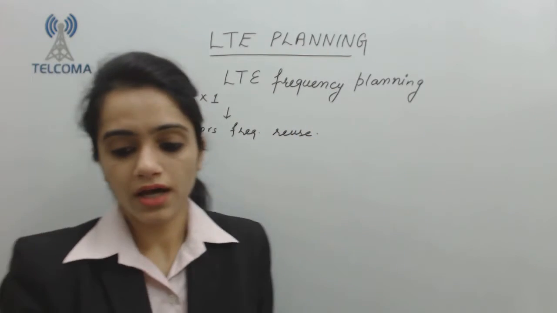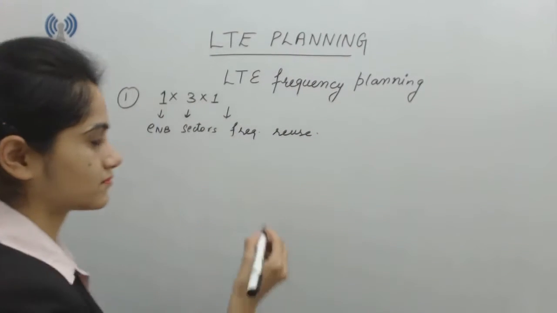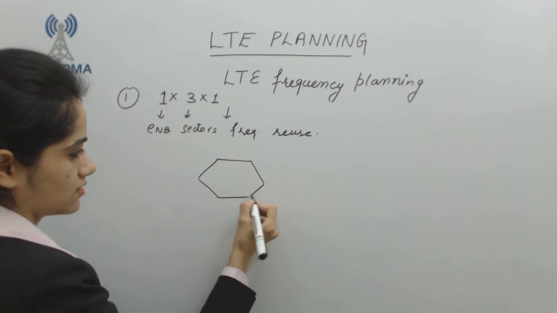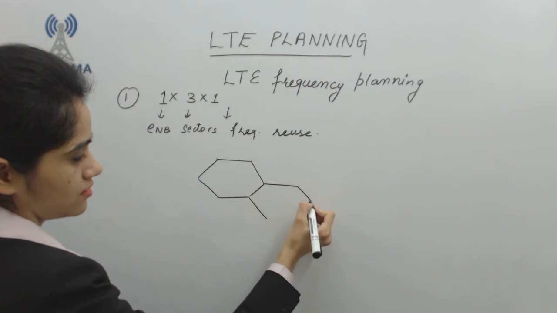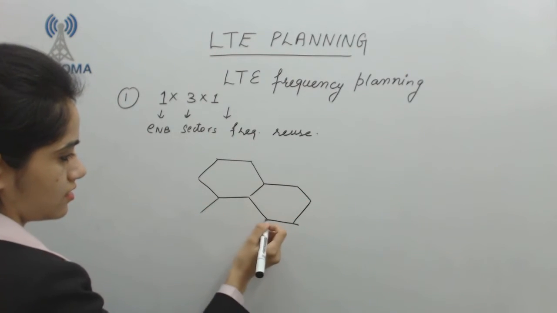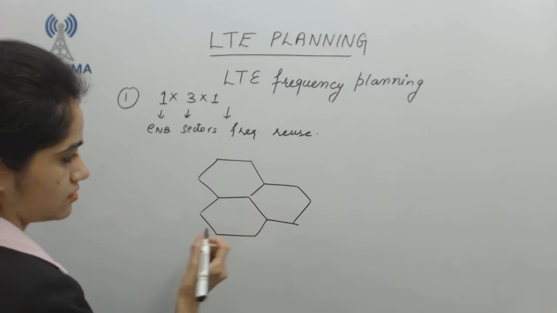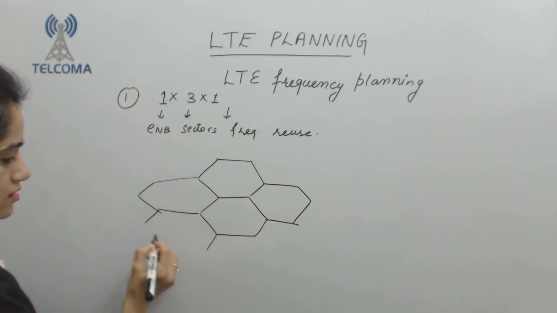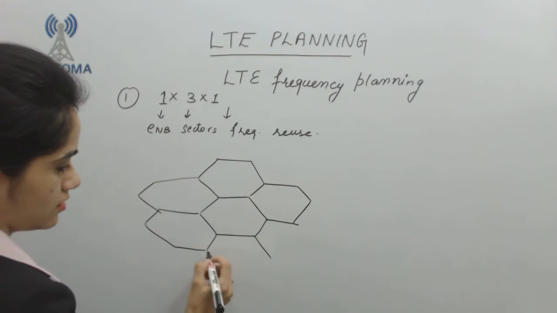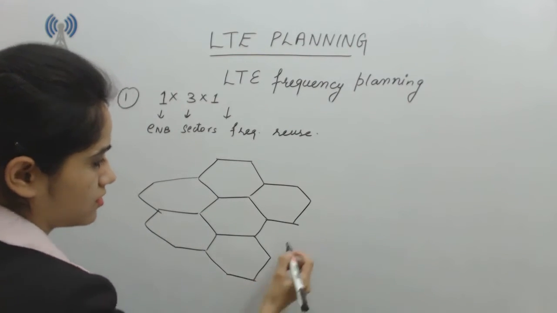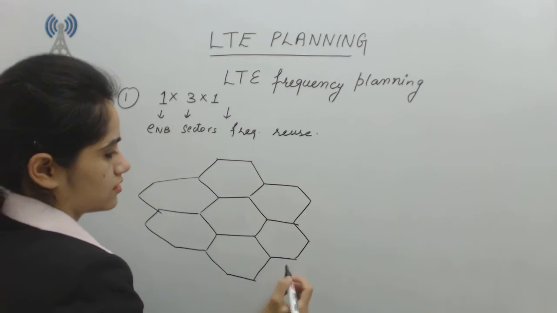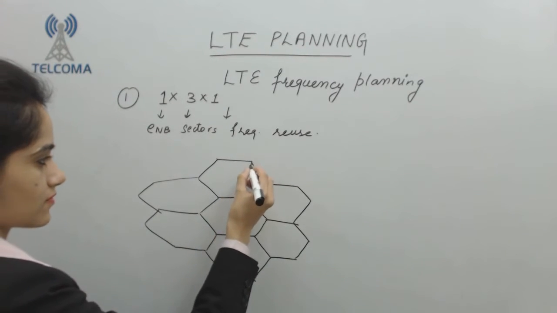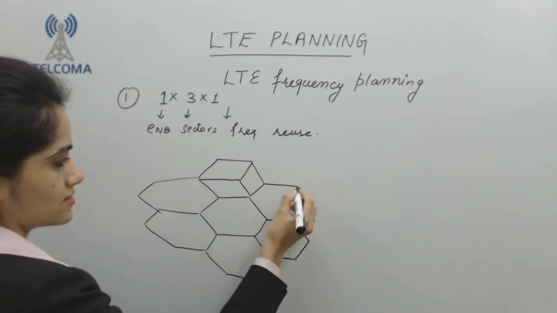Now I will draw a pattern and then we will learn. These are my total number of cells. These are required to be divided into sectors.